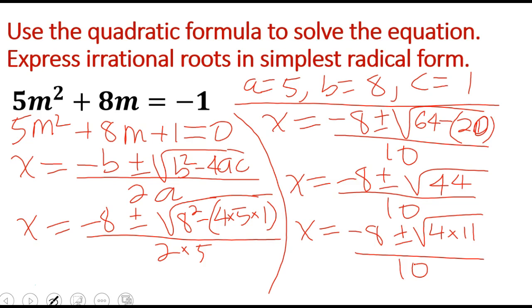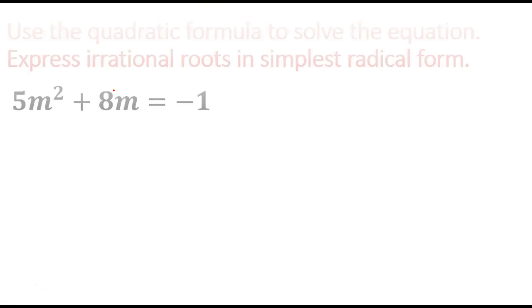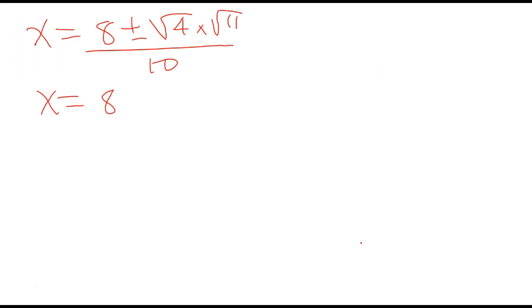So we have x equals 8 plus or minus square root of 4 times square root of 11 all over 10. So x equals 8, or did we have 8 or negative 8? Okay, sorry, it's negative 8. Okay, so go back there.